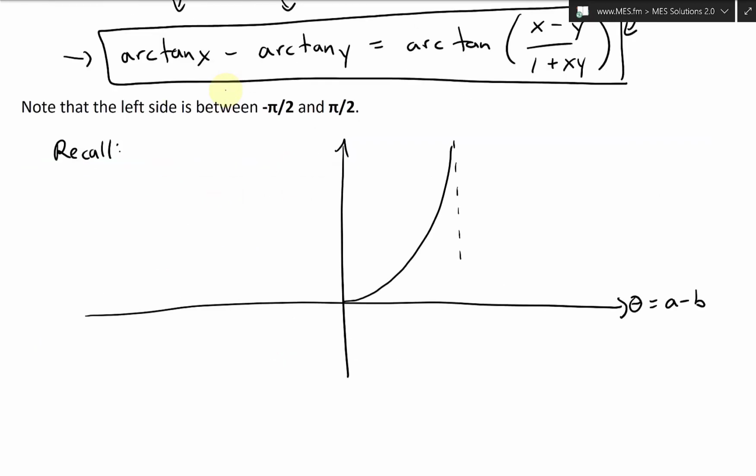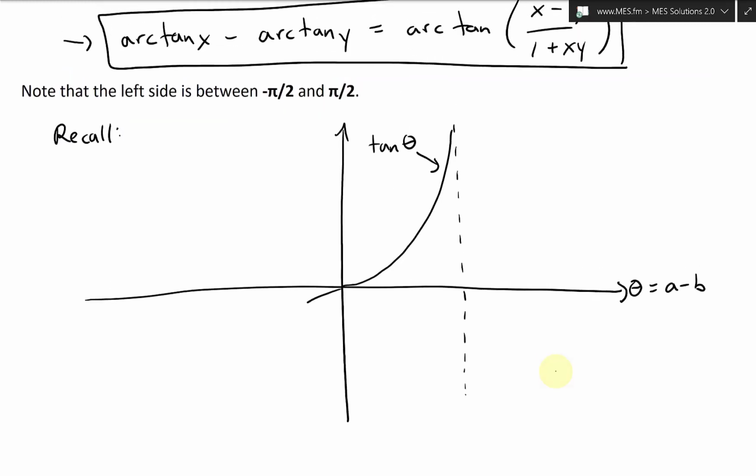This is the asymptote line here, and this is our tan theta. And then going this way, this goes back downwards like that. And this is our asymptote line. This is at pi over 2, this is at negative pi over 2. So that's where the tan function is applicable, between negative pi over 2 and pi over 2.